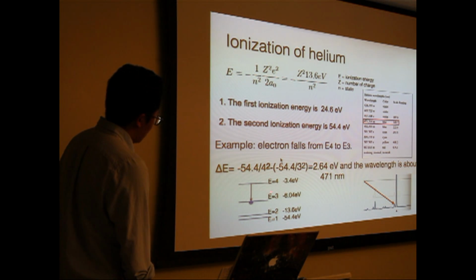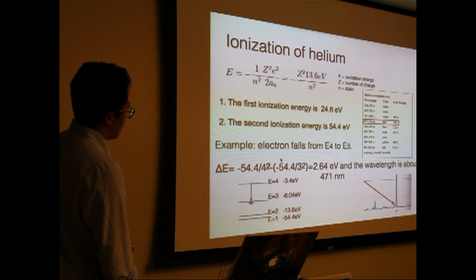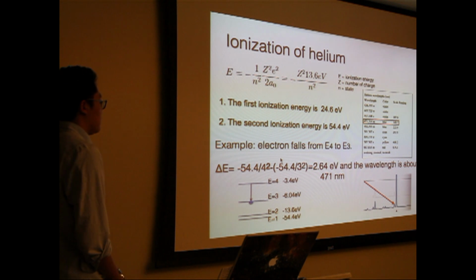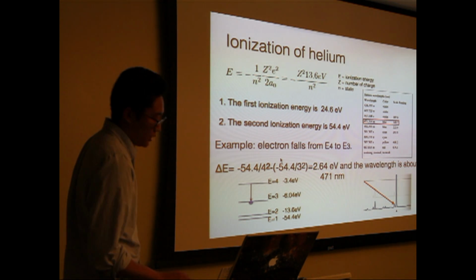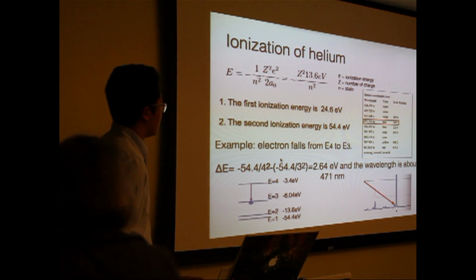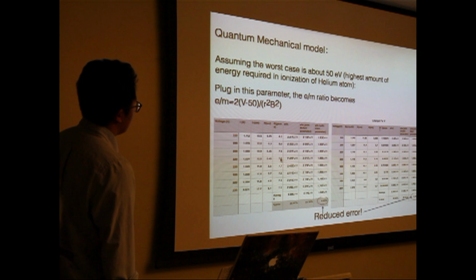For this example, an electron going from the ground state to the fourth state requires about 50 volts of energy to get ionized.